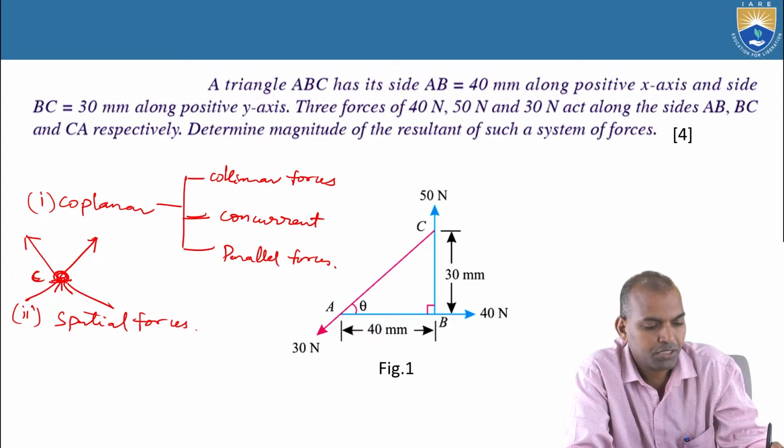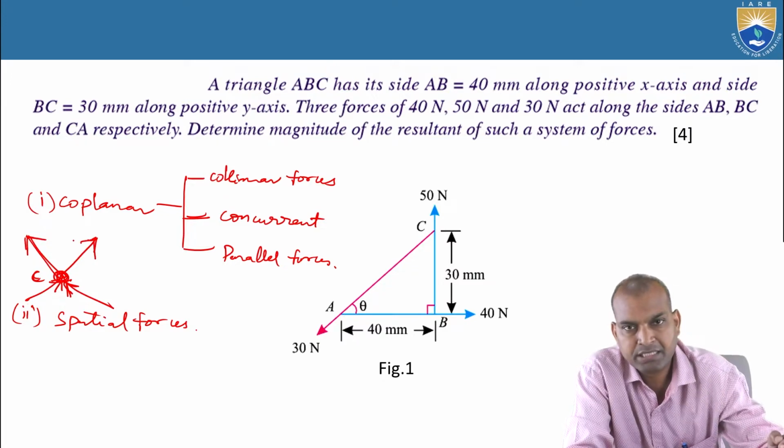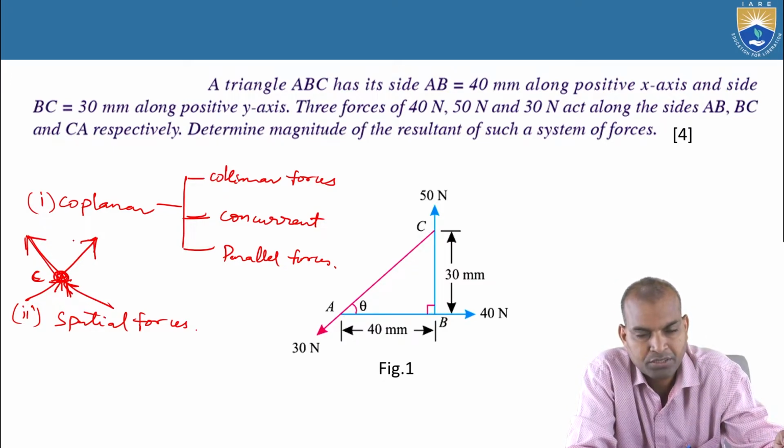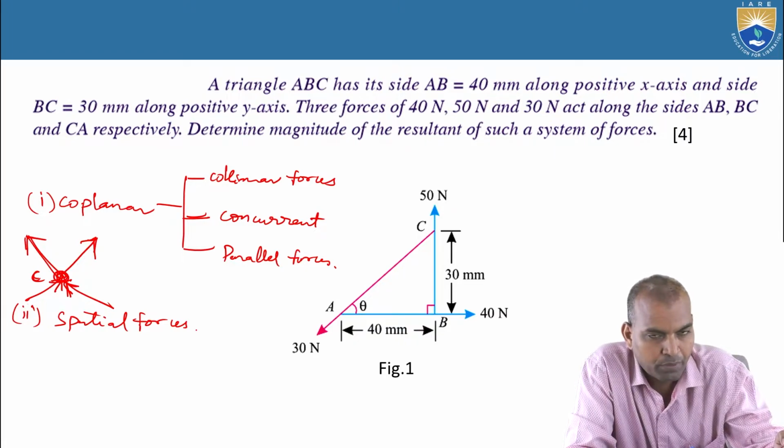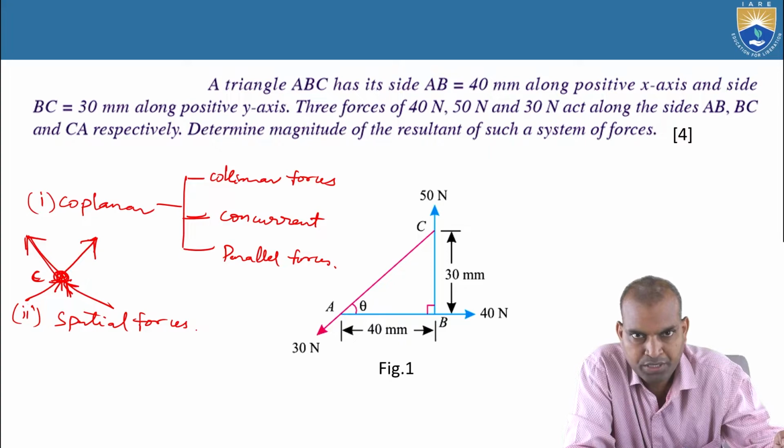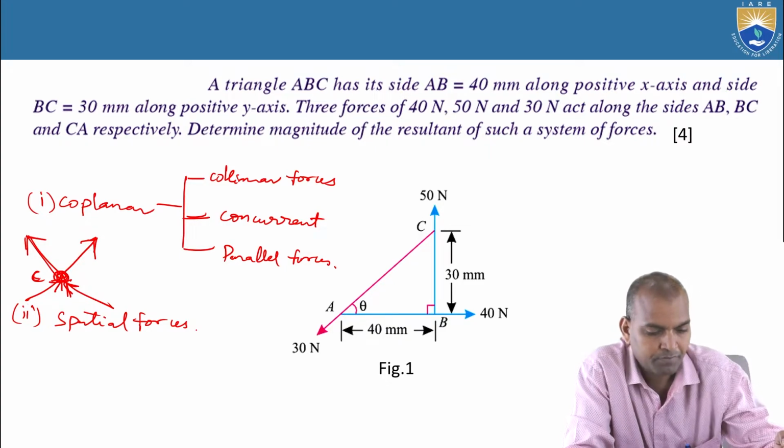This type of force system is known as concurrent forces. These forces are acting in the same plane, that's why it is known as coplanar. Meeting at one point is concurrent, so these are coplanar concurrent forces.